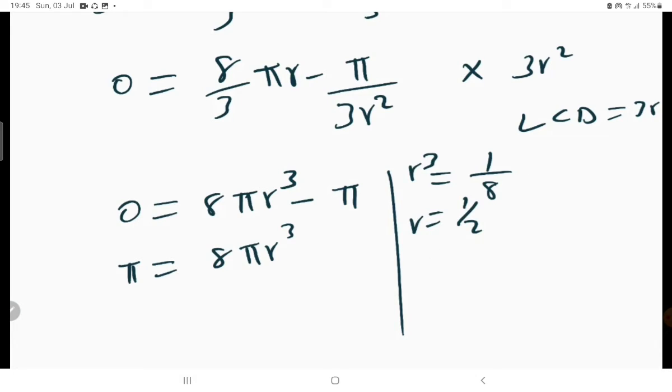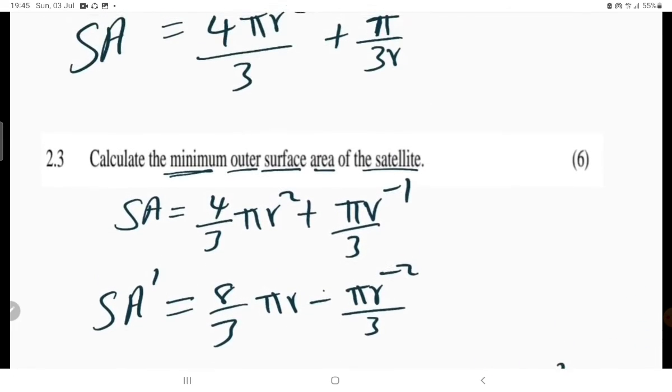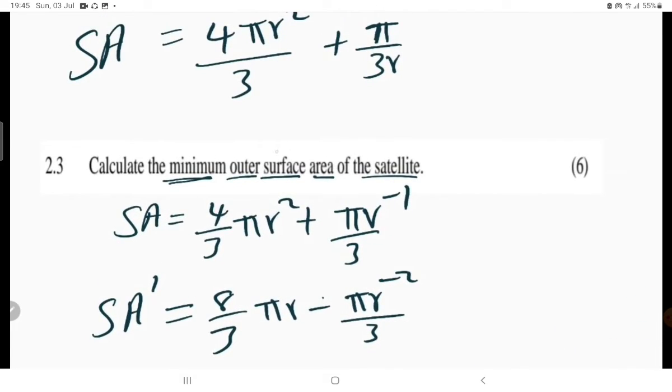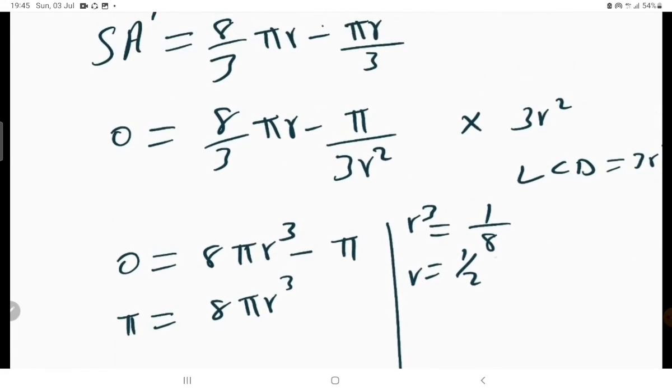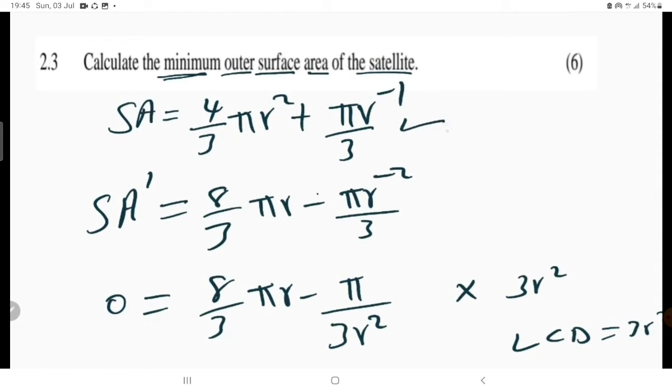Having this one, I think we haven't answered the question, because we are looking for the minimum surface area, not the value of r at minimum. So now we are going to take this r that we have and substitute it into our original surface area to find the surface area at its minimum.